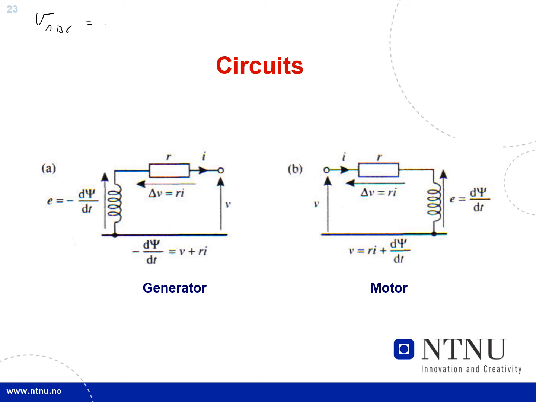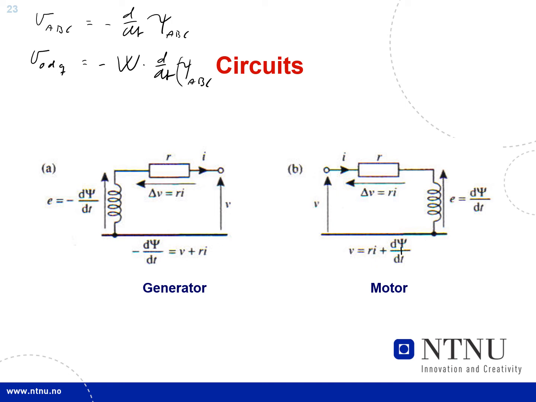That is proportional to the rate of change of the fluxes A, B, C. Now we apply the transformation, so we get the D and Q voltages being equal to the product of the transformation times the rate of change of psi A, B, C.